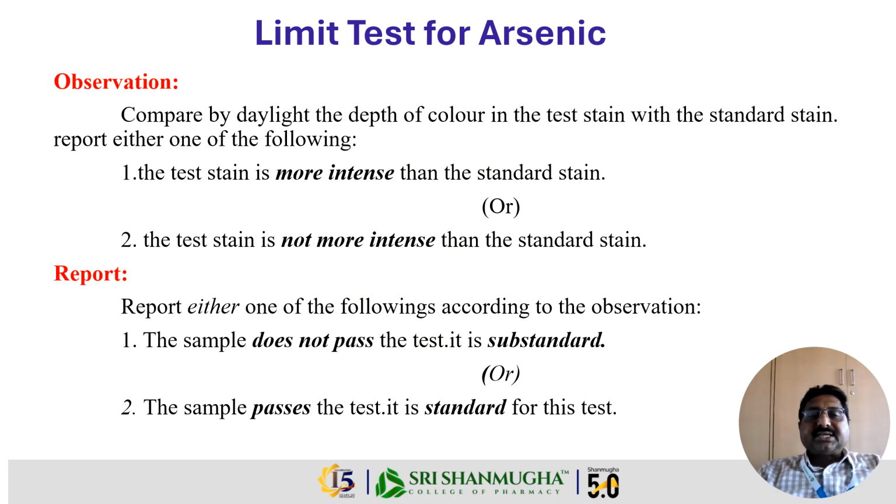If the test stain is darker, the sample does not pass the test, it is substandard. If the test stain is lighter or equal, the sample passes the test, it is standard. This means the arsenic impurity is within the permitted limit.